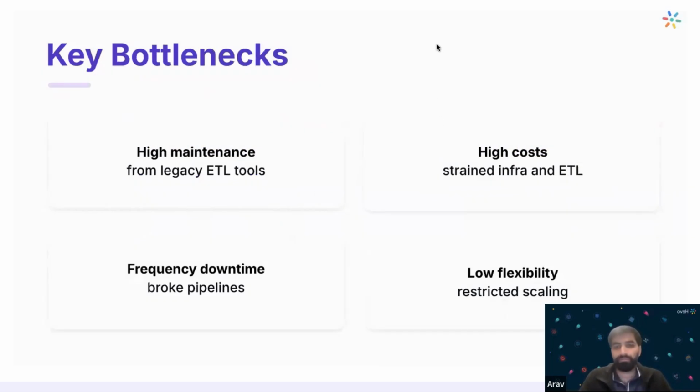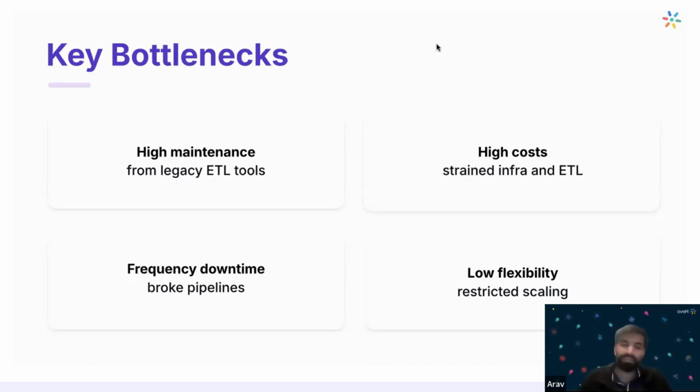They were struggling with four primary problems, right? They had high maintenance costs because they were running on something fairly old. They were continuously going back and forth over capabilities that were not available within those vendors and connectors. They had high costs because it strained their own team.